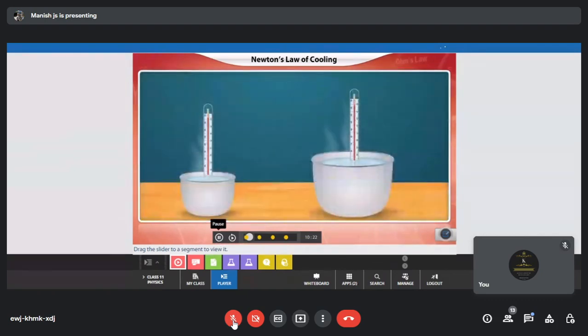The rate of loss of heat also depends on the nature of the body and the surface area of the body that is exposed to the surroundings. Yes, very important. The rate at which heat is lost depends on the material as well as the area of surface in contact.